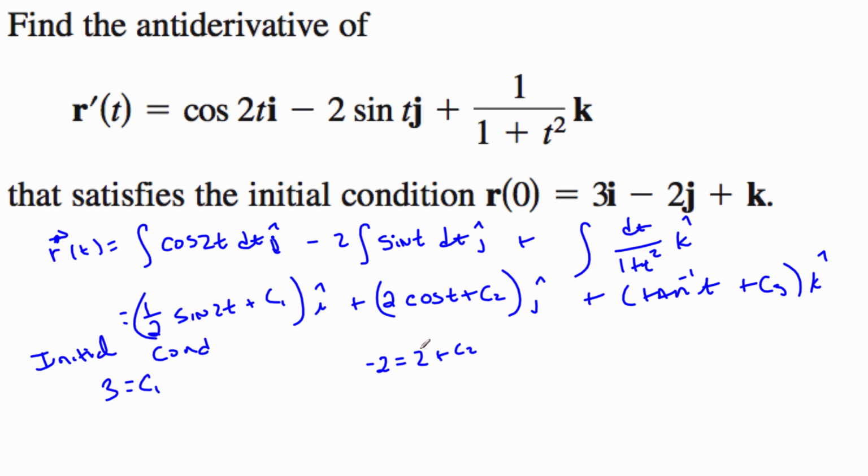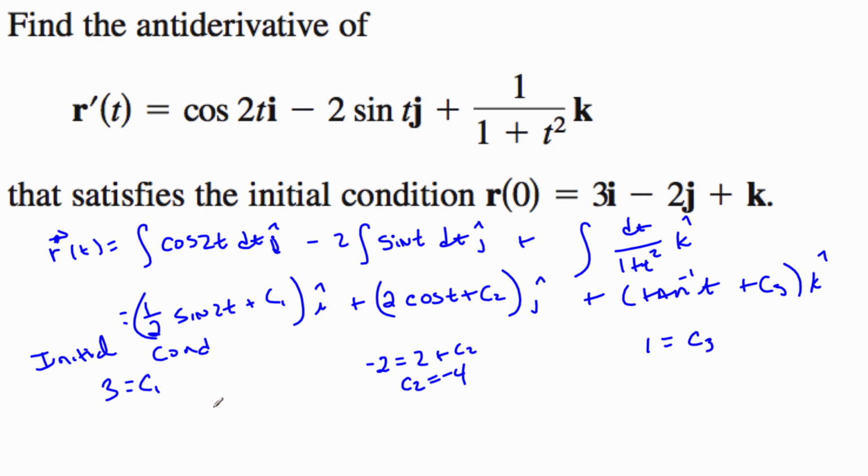So c2 is 4. Actually, it's -4. And when I plug in inverse tangent of 0 here, I get 1 is equal to the inverse tangent of 0, which is 0, plus c3.